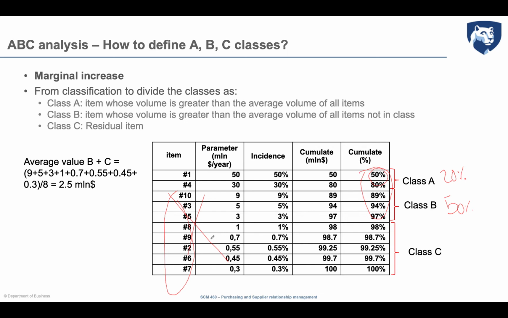So it means that the ABC analysis is able to tell you where to concentrate your effort. In this case, the message is you have 10 categories, but 5 are making 97% of the spending. So if you want to improve your spending in a radical way, you need to focus first on this.